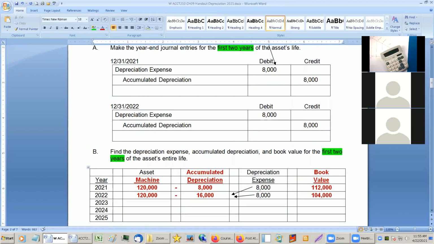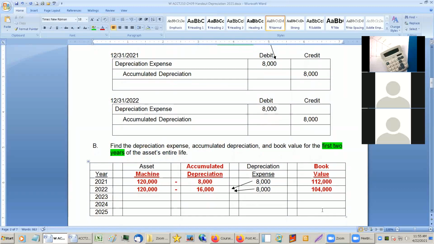So yeah, and again, at the end of the year, this is the amount that you show on the balance sheet for that year. So 2022, at the end of the year, you have a book value of 104,000 for it.